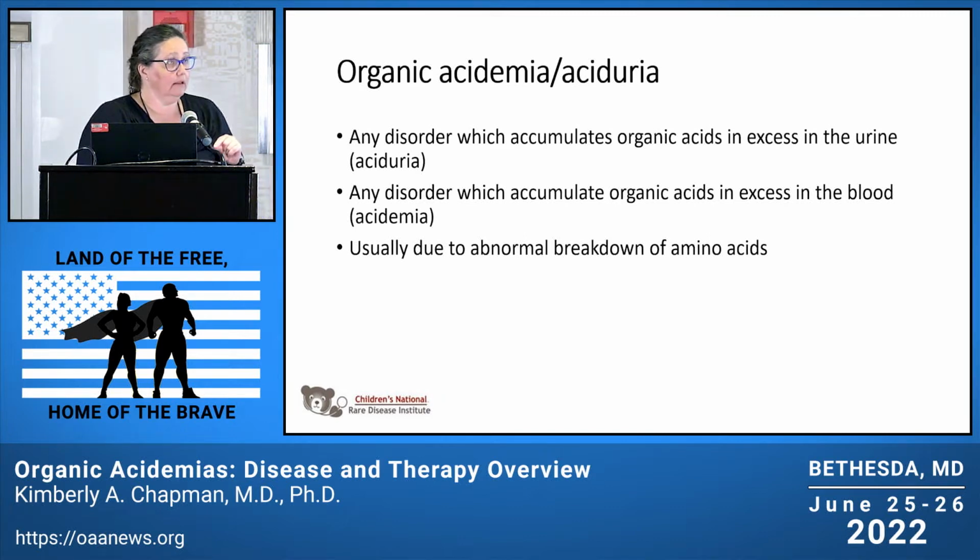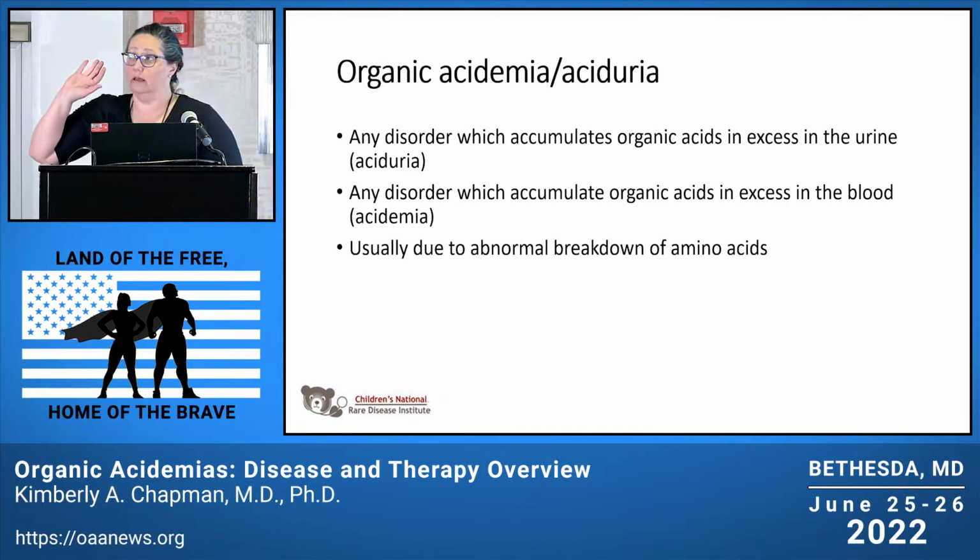And ironically, most acidurias are acidemias as well. Historically, we were able to look at urine for organic acids much more effectively than we were able to look at blood. And so you may actually see a migration in the terminology over time.